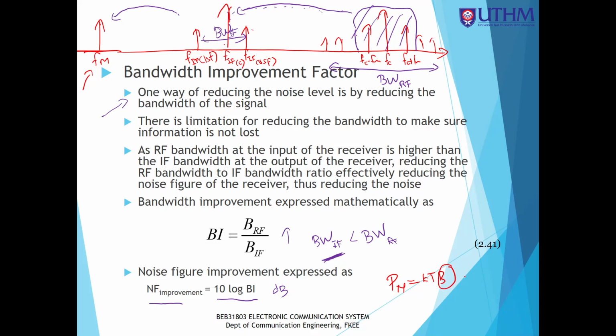If we reduce the bandwidth, that means we are going to reduce the noise power, which is good. So this is the bandwidth improvement factor. Later you're going to see how the receiver does the conversion from RF to IF to FM.